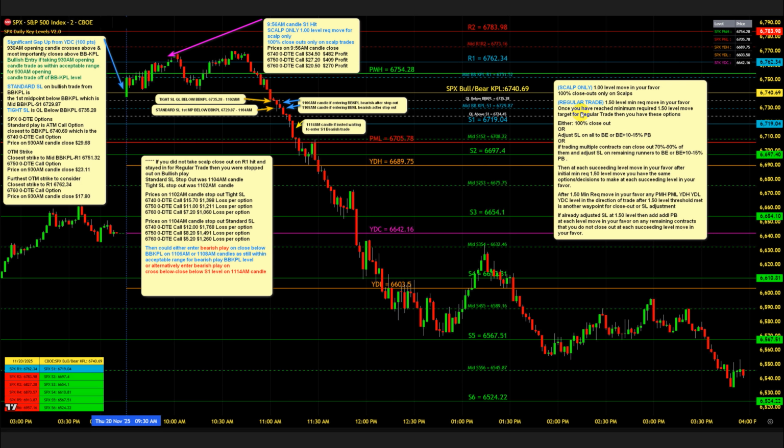The other type of trade that you have with this particular indicator and the strategy is what's termed a regular trade. For a regular trade, you're looking for a minimum 1.5 level move in your favor, and then you have all these different options starting at that 1.5 level move in your favor.